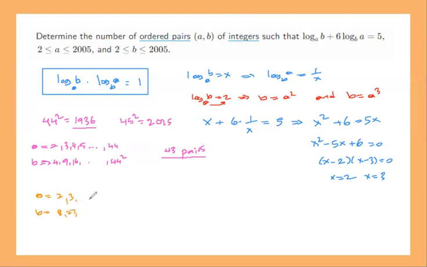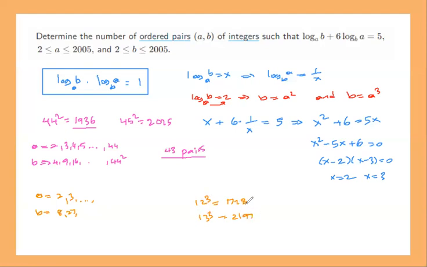It will continue until some point, and I just need to know when to stop. To do so, I'm going to use a similar reasoning. 12 to the third power is 1728, which is smaller than 2005. And if you try 13 cubed, that is larger than 2005, which is 2197.